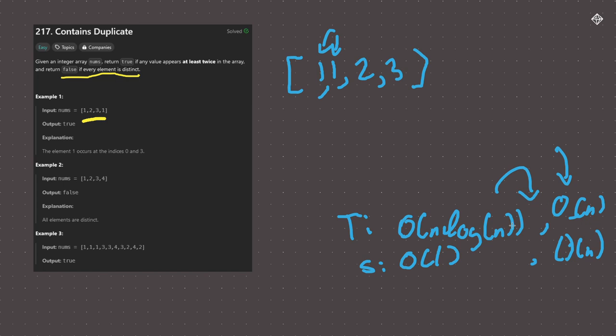Although O of log n is faster, you kind of give up time complexity, and this could be O of n either, depending on how your sorting algorithm works. If you sacrifice some time complexity, you get O of n. I think O of log n is faster, but I'm not quite sure. Maybe someone could correct me on that.